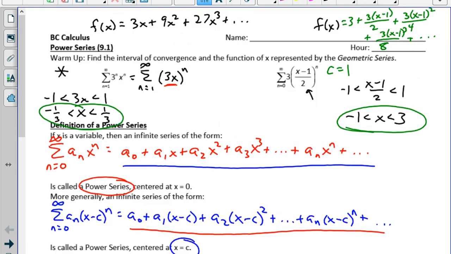So let's go back and talk about the first two problems that we had. If I check endpoints, so if I check 1/3 and -1/3 in the first problem, notice if I plug in 1/3 or -1/3, I end up with the sum of n equals 1 to infinity of 1 to the n, which diverges, or the sum of -1 to the n, which also diverges.